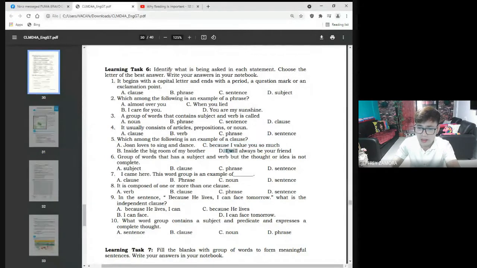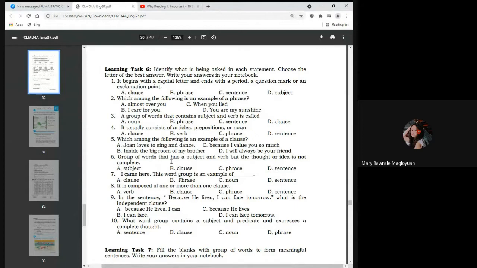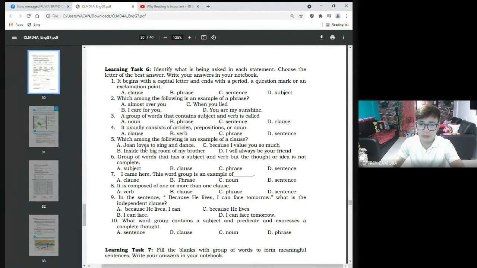For this one, I is a subject, will always be your friend is a predicate. So the correct answer here is A, C, or D. Clear? Number 5, A, C, or D. Any questions? None po. Okay. This one, inside a bigger room, inside is a preposition. So that is why it became a phrase.